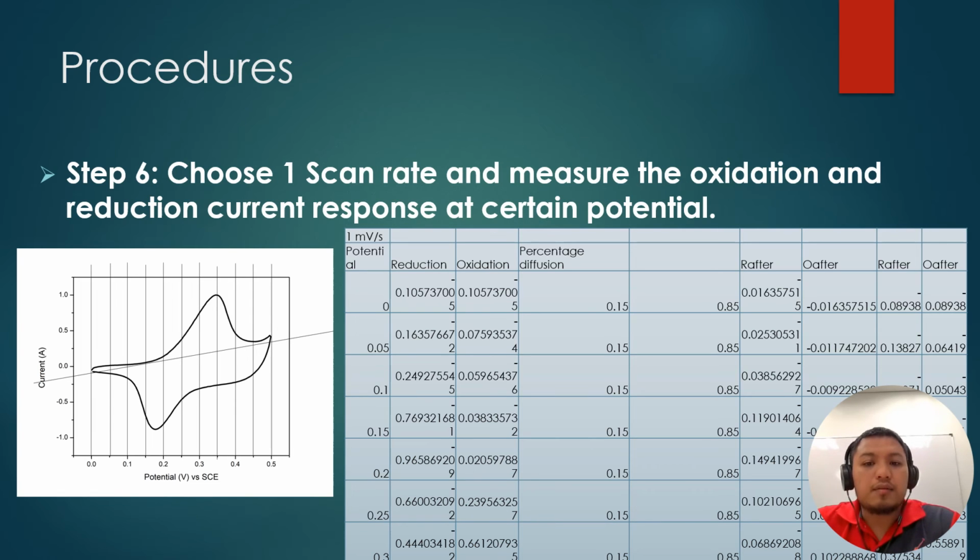You can choose either diffusion or diffusion limiting, just choose either one. If I choose the percentage of diffusion 0.15, I just multiply the current that I read, 0.10573, by 0.15. So at 0.1 V, I know how much current should be generated.